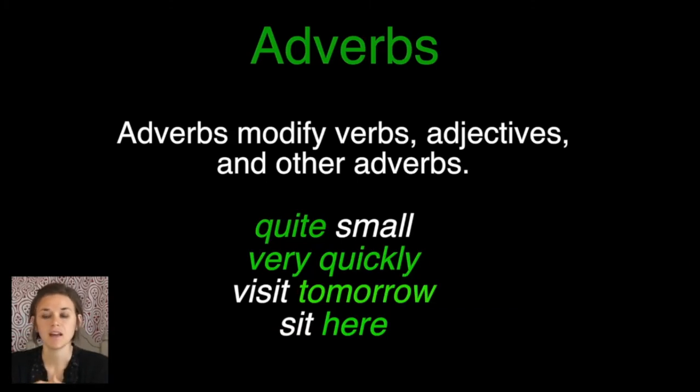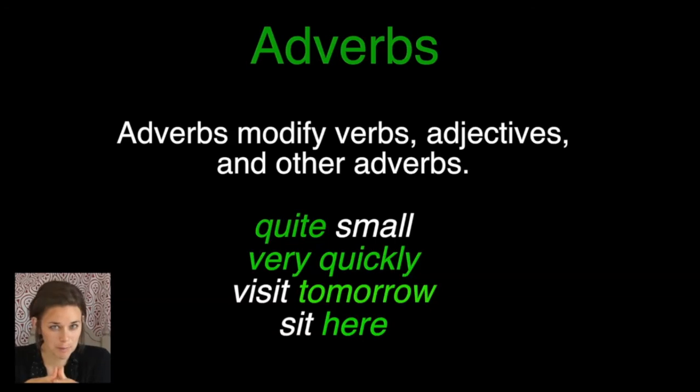Quite small. Very quickly, very is an adverb, and it's telling us more about another adverb. Quickly is also an adverb. Visit tomorrow. Visit is a verb, and tomorrow is telling us more about the verb. Sit here. Sit is also a verb, and here is telling us more about that verb.